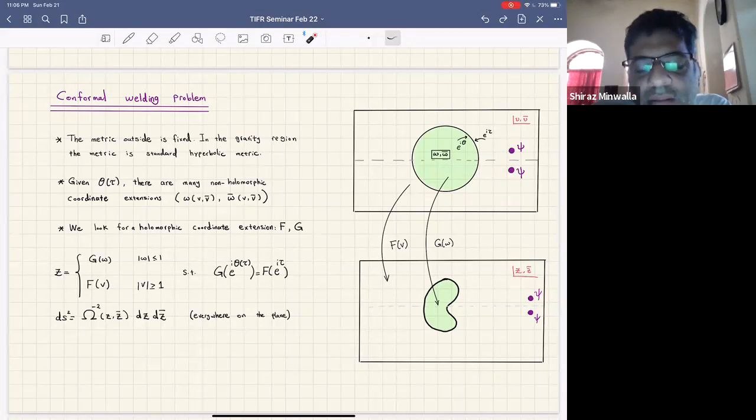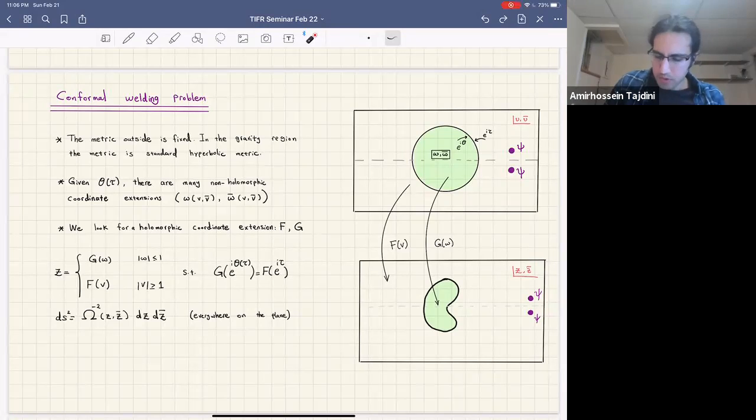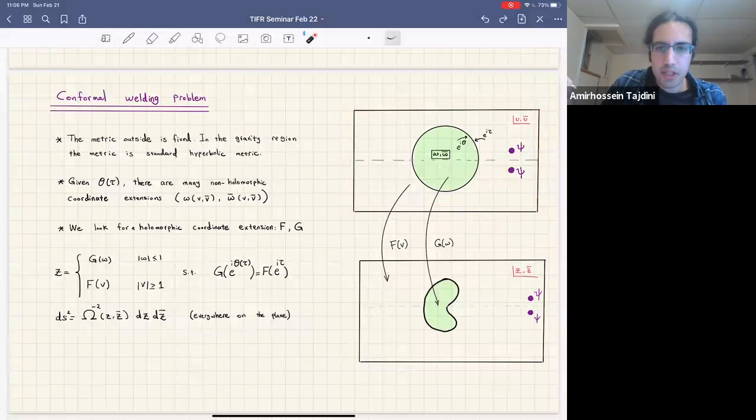I'm sorry, Amit, I'll ask one more stupid question. Just in your mathematical problem, where does the location of these psi insertions go into your problem? Yeah, good. This V plane is the original plane that we start with. Outside is QFT, inside is gravity. So we will choose where we want to insert them in the original V plane.